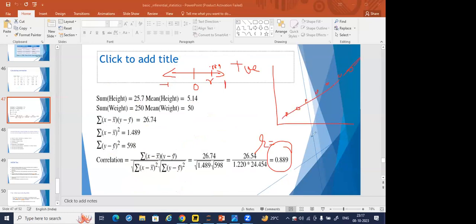This shows a strong positive correlation between height and weight. The data provided for height and the data provided for weight have a very strong correlation.